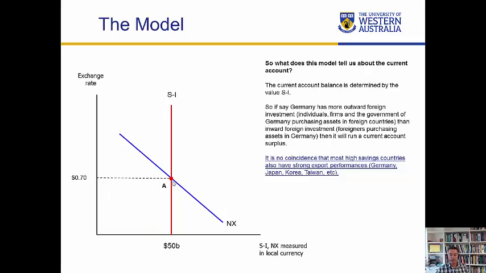Compare that to a country such as the United States. The United States is in the opposite situation. They have an S minus I line which is vertical at, say, a value of minus 50 billion, just for simplicity. At the end of a year, foreigners now own $50 billion more of their shares, bonds and real estate than they owned previously. Kind of sounds like selling the country away, doesn't it?